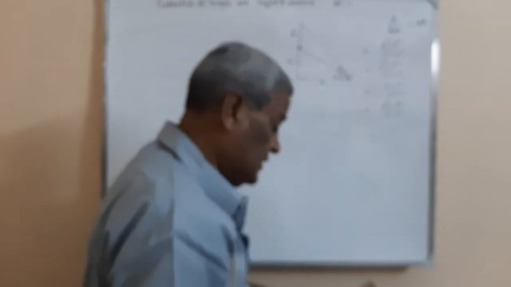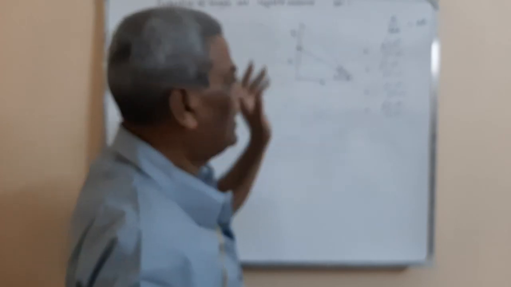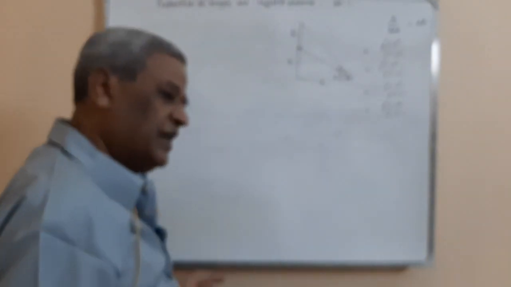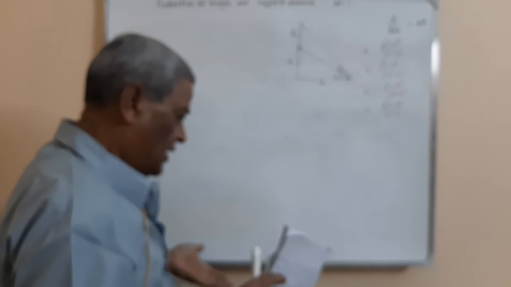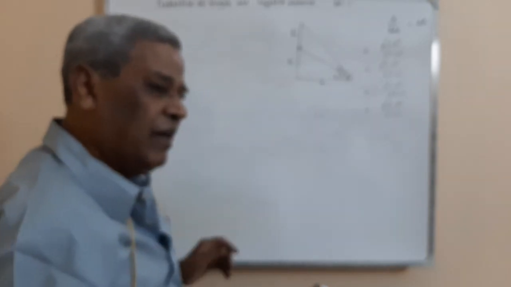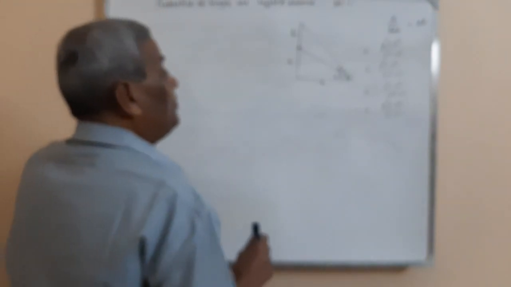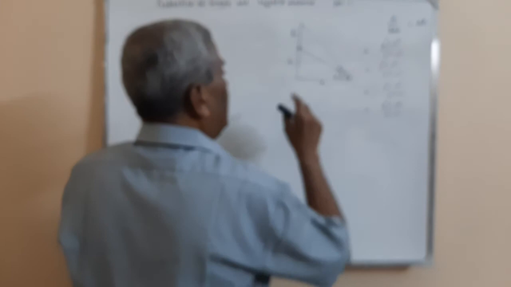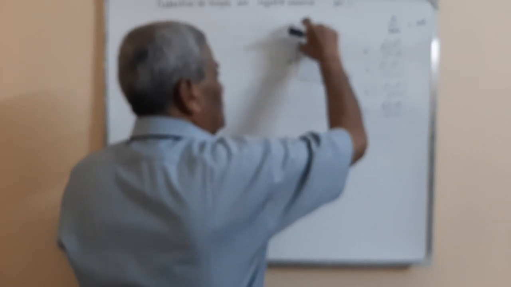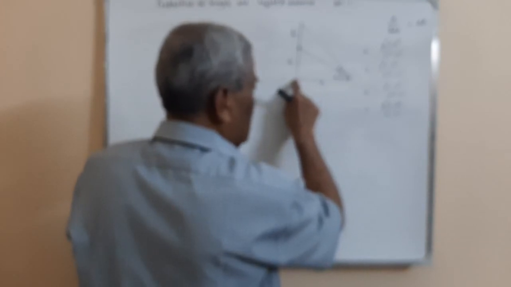Achha, this problem is from height and distance. It is given in JEE Main, Advanced and in state level joint entrance also. So I tell you, this type of problems are very simple. Mind that. Given thing, one tower, one flag is over there, and this is the foot of the tower.